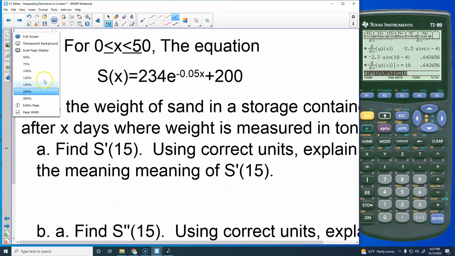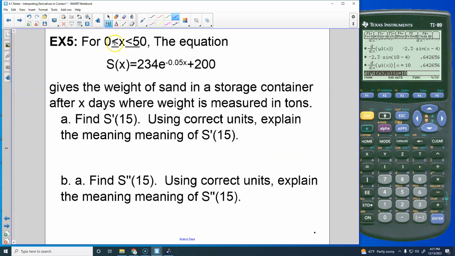All right. For our next problem, I've got this equation here, and it gives the weight of sand in a storage container after x days, where weight is measured in tons. And we're supposed to find S prime of 15 using correct units and explain the meaning. And then we're also supposed to talk about S double prime of 15.